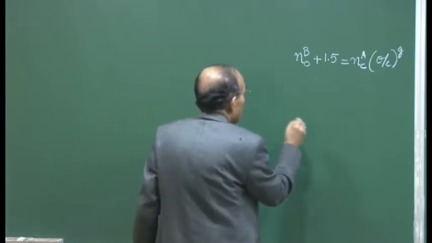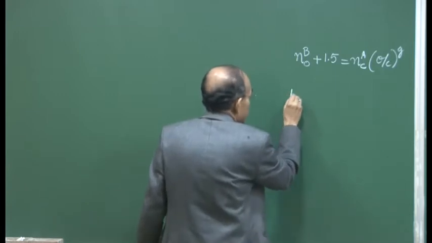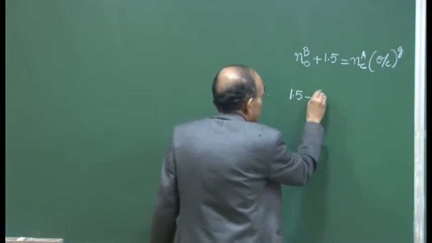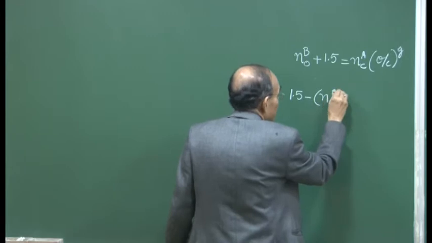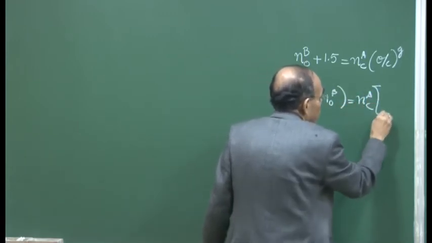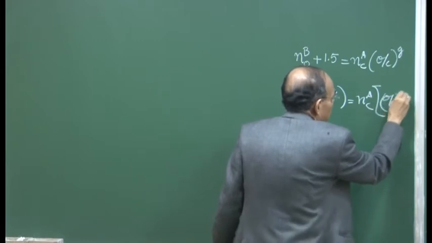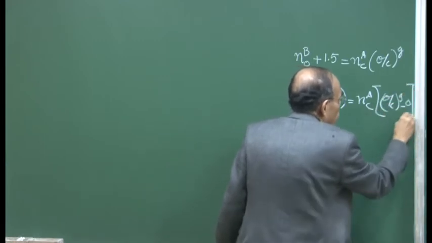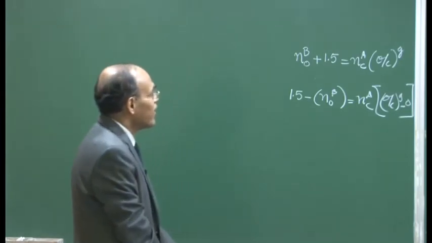So, we can write this as 1.5 minus NOB. We want to represent it graphically, and then we can write it like NaC into O by C gas minus 0. This also can be written like this.